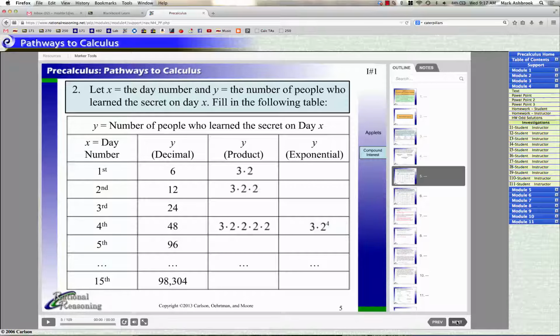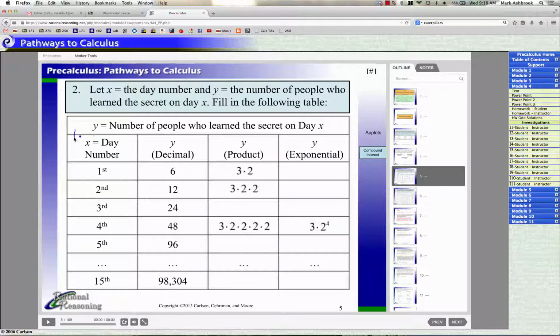So if we wanted to build a function, we want to identify input and output. What is the input in this situation, or what would make a convenient input? Yeah, number of days, right? That's our input.